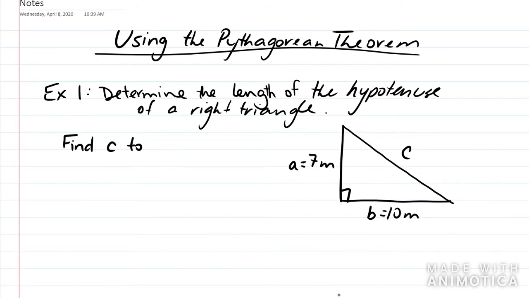And we want to find it to the nearest tenth of a meter, which means to the first decimal point, the first number after the decimal point.